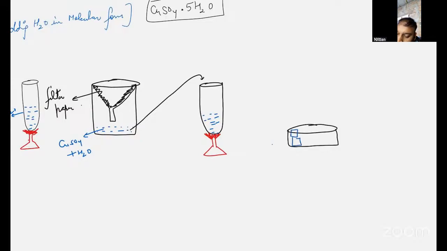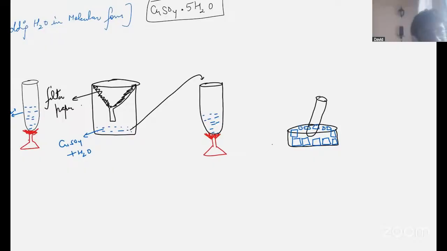Now what is an ice bath? In an ice bath there is a bowl which has ice in it, and I will just put the test tube into it.